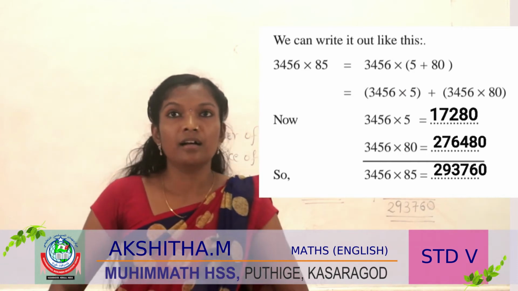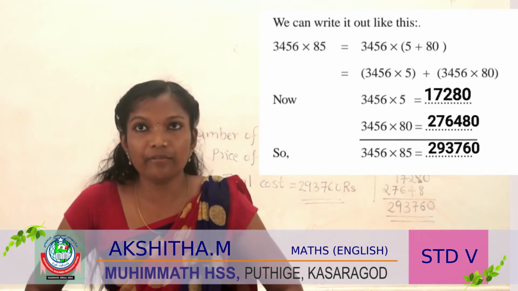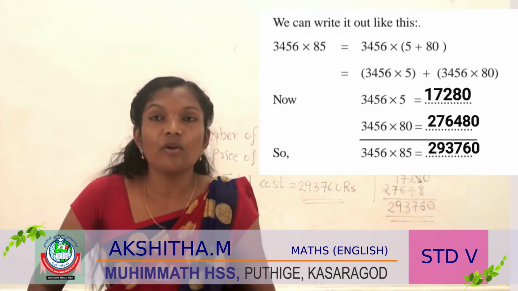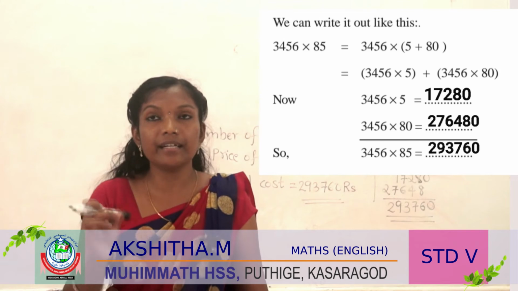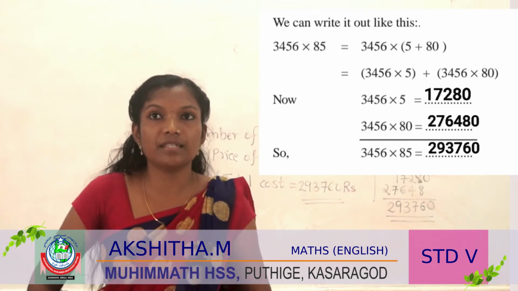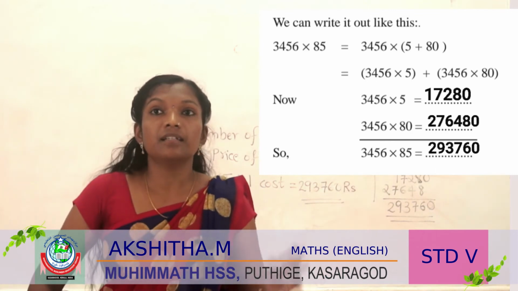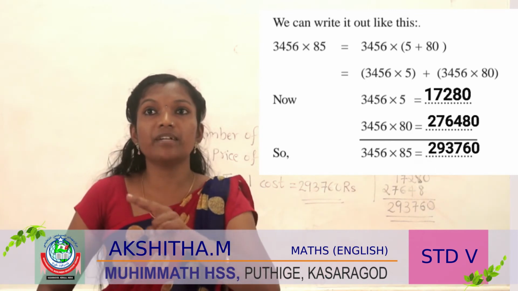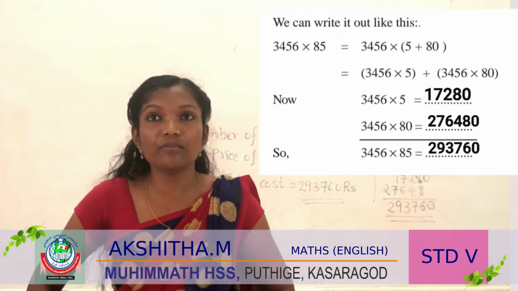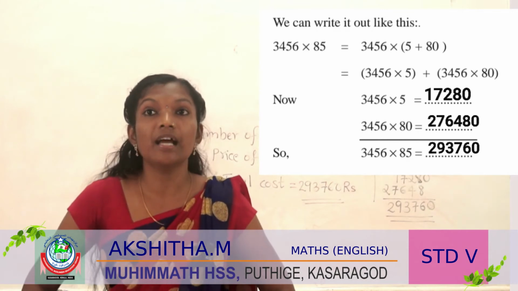You can see that 3,456 multiplied by 85 is equal to 3,456 into 5 plus 80. 5 plus 80 is 85. Next step, 3,456 into 5, we already multiplied here, plus 3,456 into 80. 3,456 into 5 is 17,280.